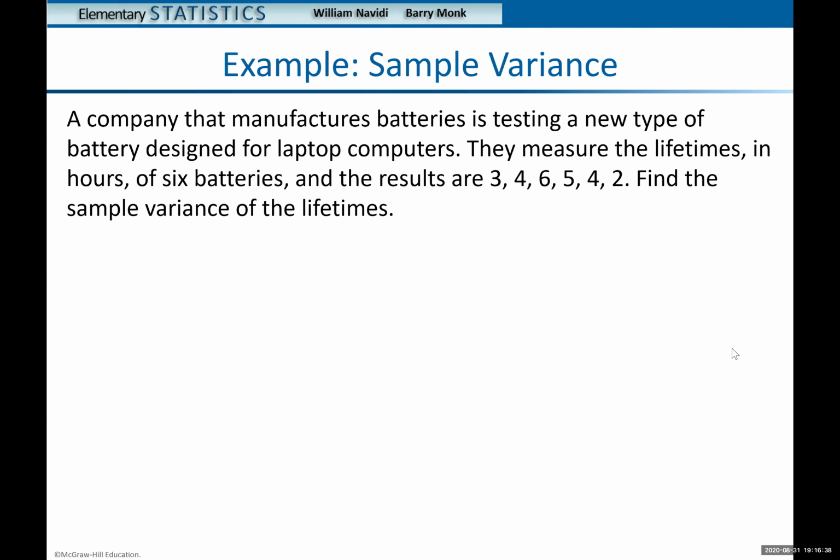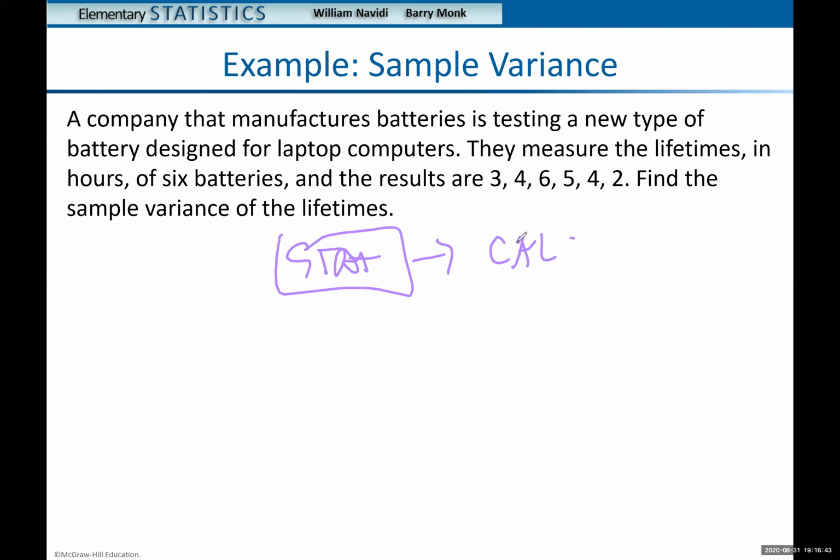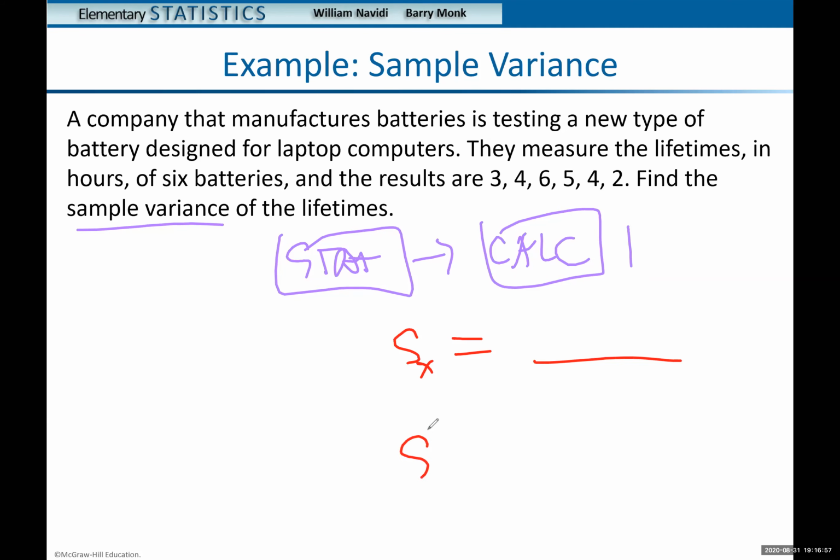So start, arrow to the right, calc 1, and find the sample variance. Meaning you have to solve for, you'll see on the calculator Sx, get that Sx, that number, square it, and you will get the answer.